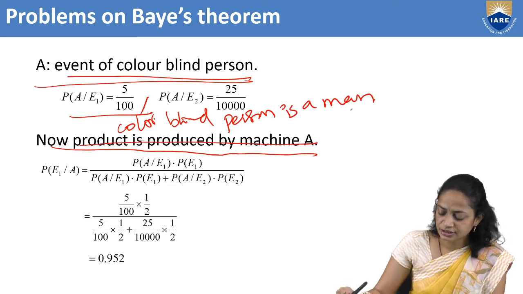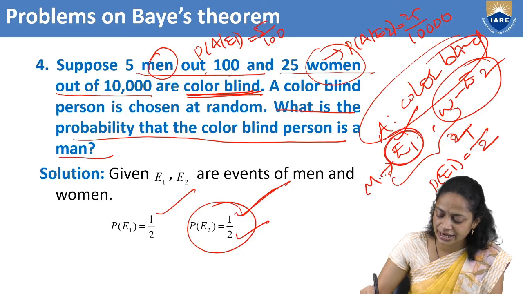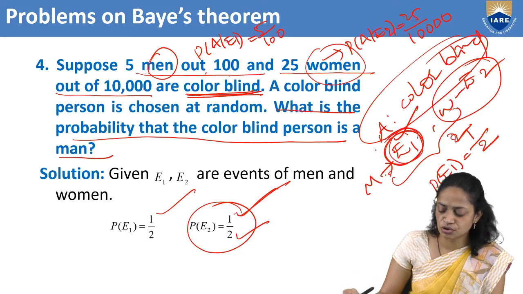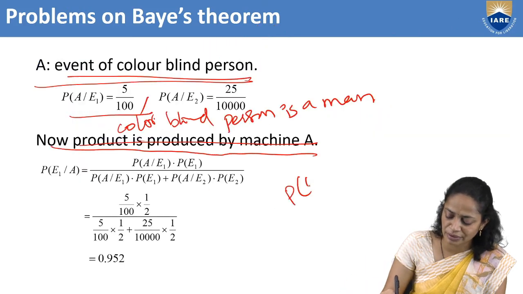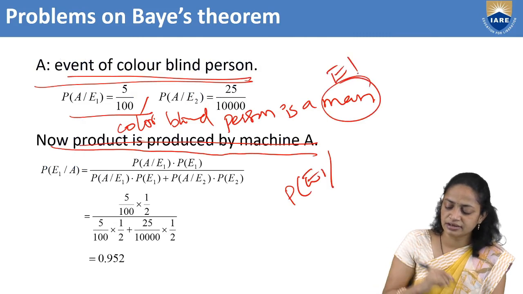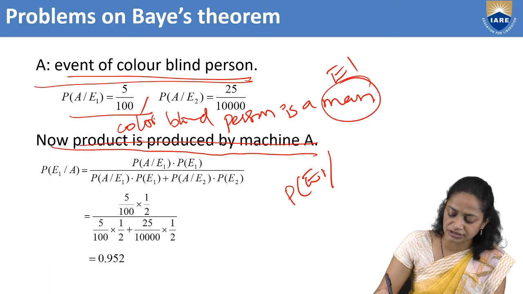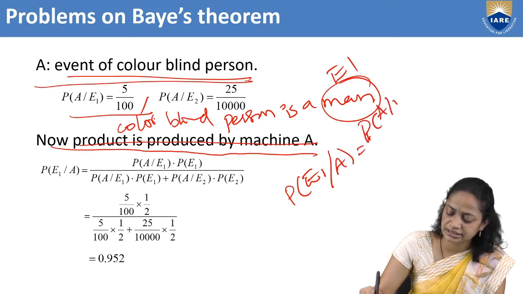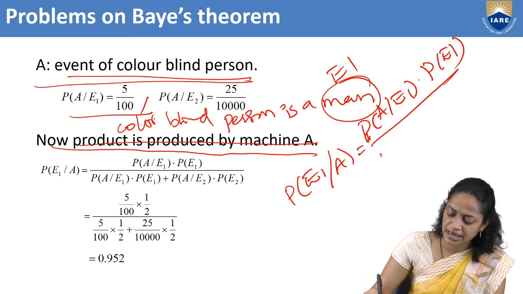For that, we know that man is denoted with E1, right? So that's why we need to find probability of E1 given A. E1 is a man. So E1 given A equals probability of A given E1 into P of E1 divided by summation.